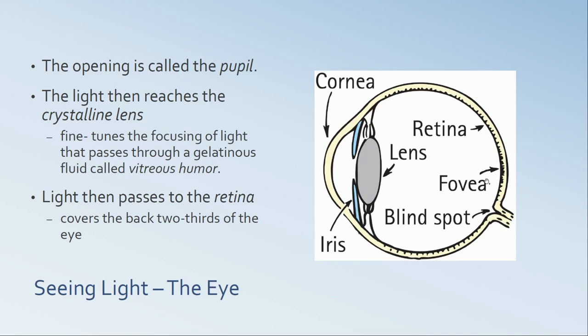And then the light goes through the vitreous humor that's in the back of the eye, and the light is focused onto our retina. The retina is the nervous layer of the eye, and it covers about 2/3 of the back of your eye. And the retina contains our rod and cone cells that actually react to the electromagnetic radiation we call light.